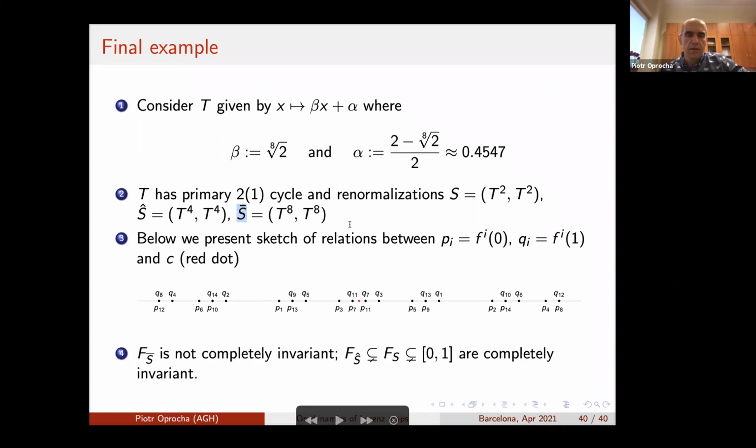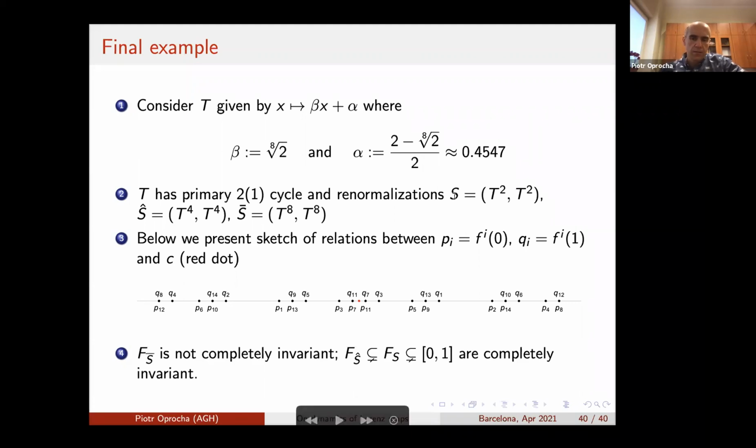So in some sense, this S bar will be invisible in terms of these completely invariant sets, and we also do not understand the mechanism or where this can break, because for sure, if you have constant slope, then for sure you have a finite number of renormalizations. It must stop at some point, because after each renormalization, the slope increases and it cannot go above 2.